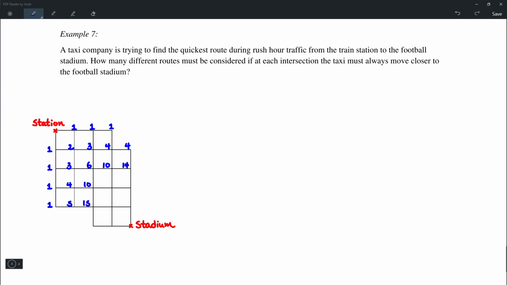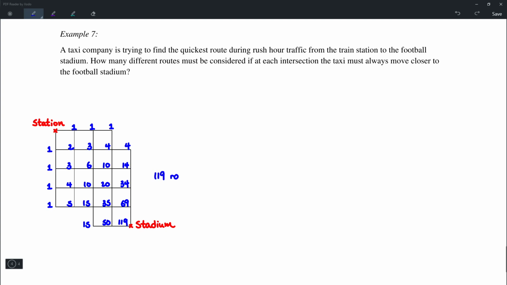So here this will be 15 as well. 20, 34, 35, 50, and then here we have, let's keep going. So by the time we get to the bottom corner, we have 119 different routes.